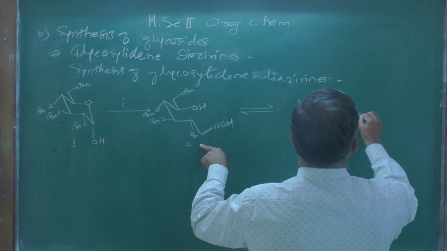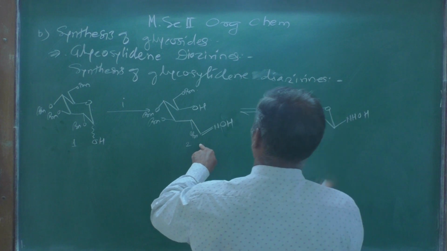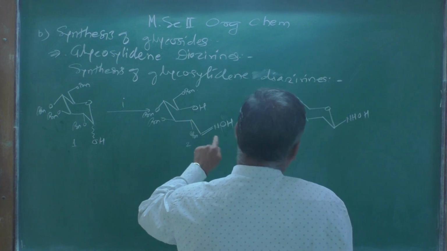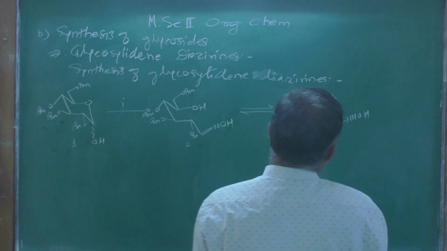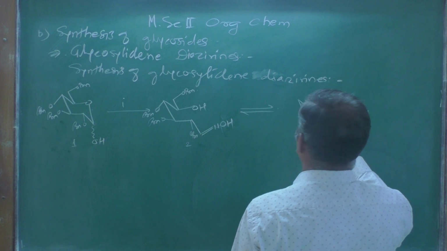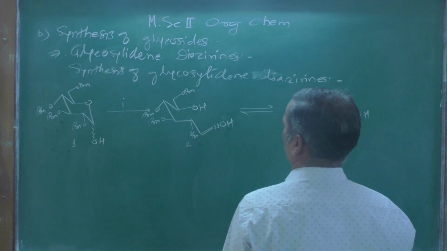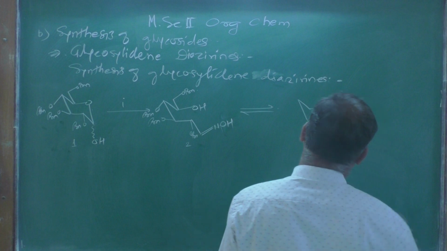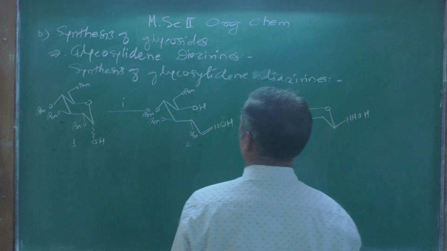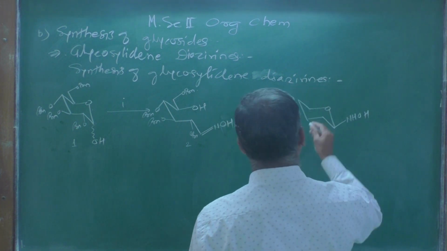When the ring is formed, the hydroxyl group attacks over there, then NH comes over here along with the rest of the groups, but this NH-OH group lies at a beta position.